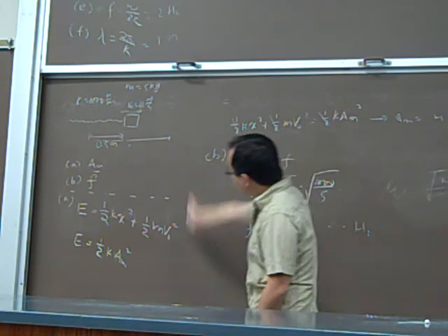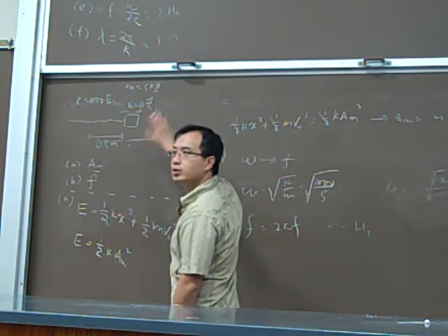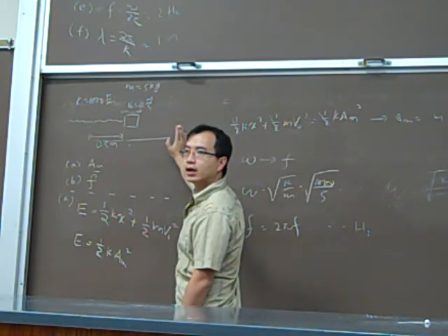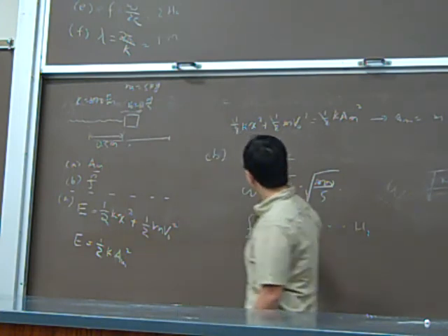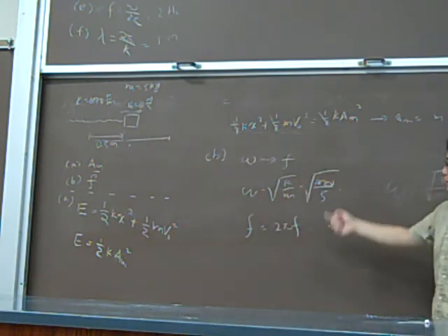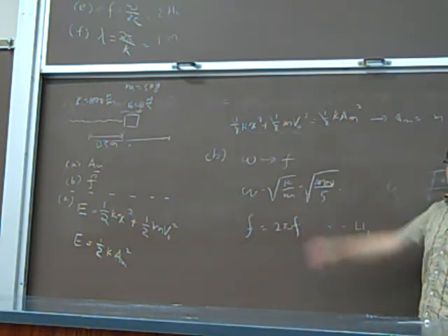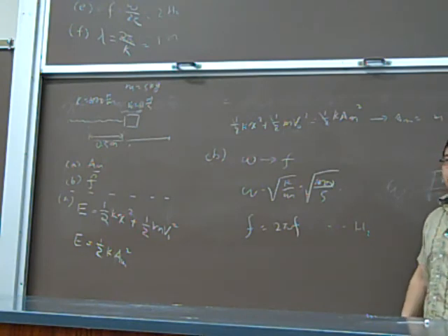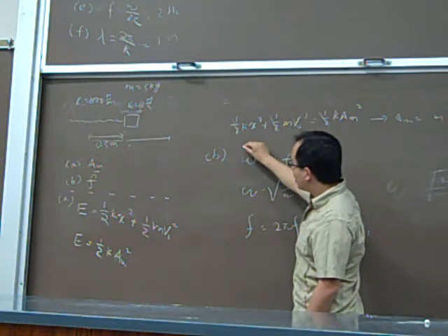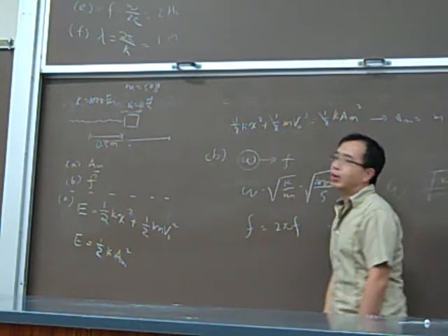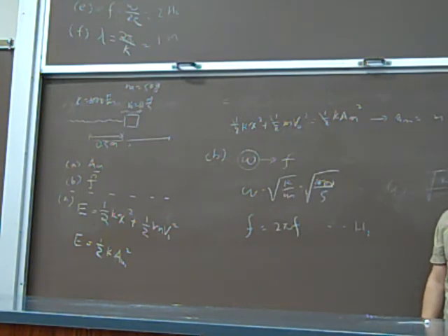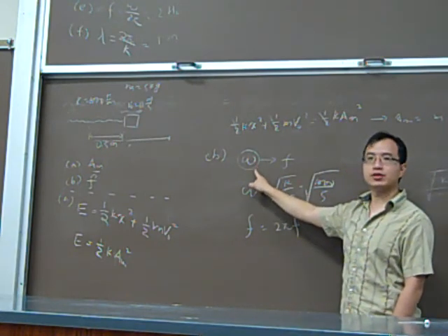So part A is about the energy aspect of the oscillation. In part B, you need to consider the force law of the oscillation in the calculation. But again here, omega is very important. For most of the quantities you want to find, you need to find omega first.